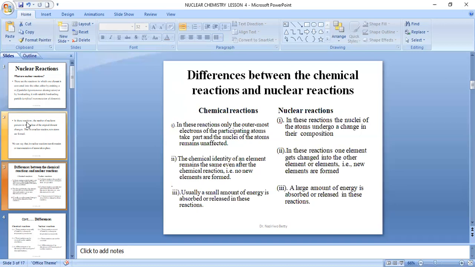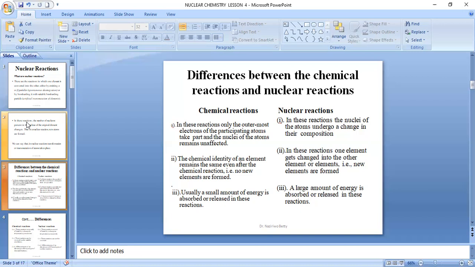Whereas in a nuclear reaction, the nuclei of the atoms undergo a change in their composition. In a chemical reaction, the identity of an element remains the same even after the chemical reaction. That is, no new elements are formed. Whereas in a nuclear reaction, one element gets changed into another element or elements.